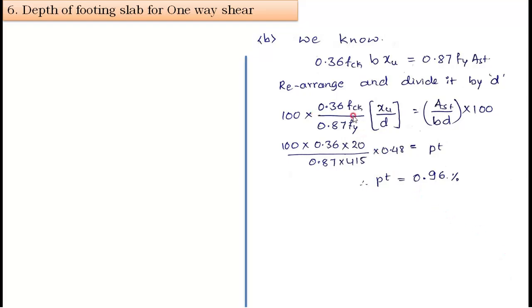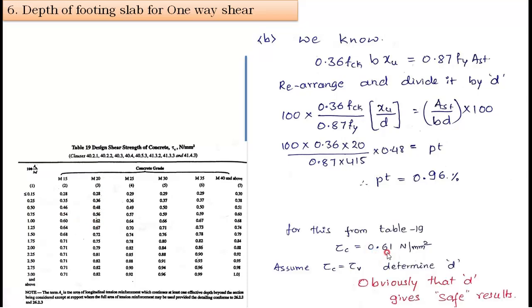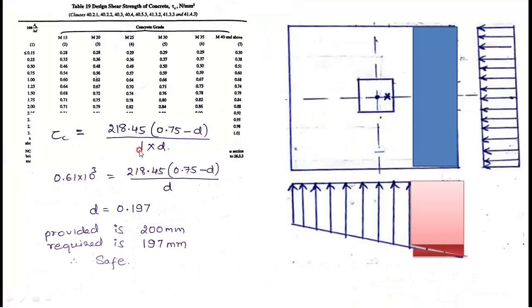You can go through that, and through that we will get a percentage steel of 0.96, and this 0.96 we will see here and interpolate, and we'll get for M20 the tau c value as 0.61, and we will consider tau c equal to tau v to determine d. Obviously that d will be safe with respect to that because we are taking d as unknown and solving. Then in that case we will write tau c equal to this one.